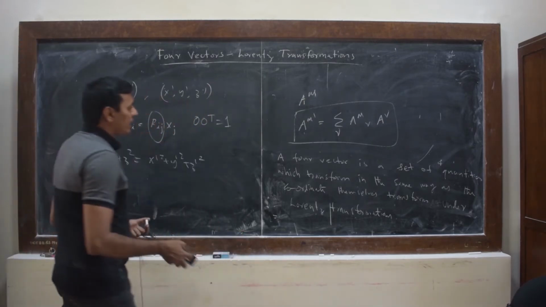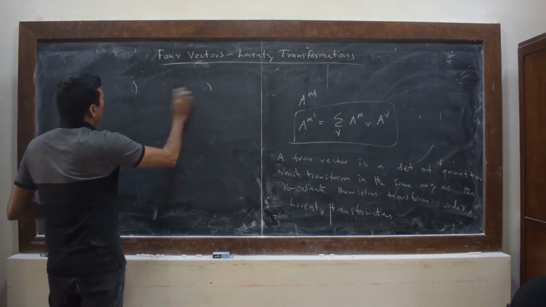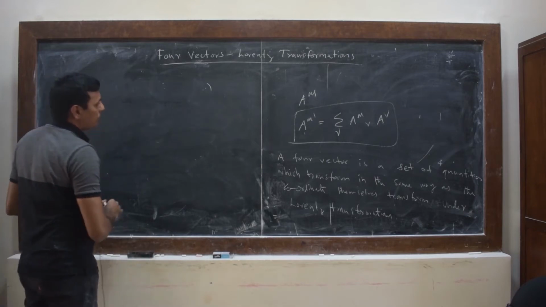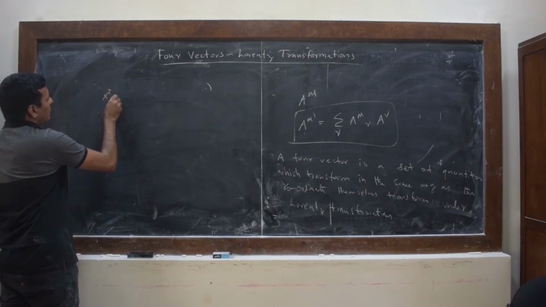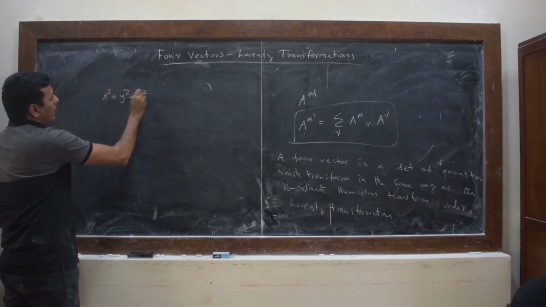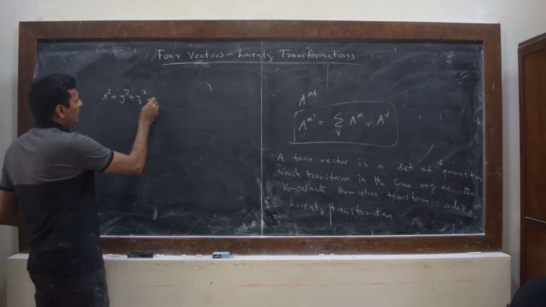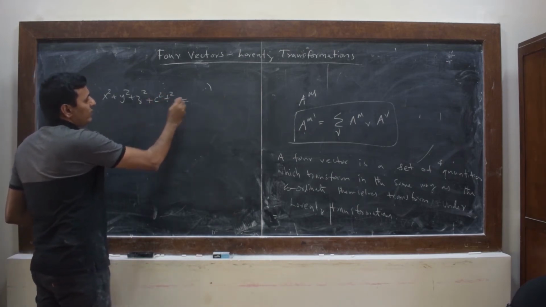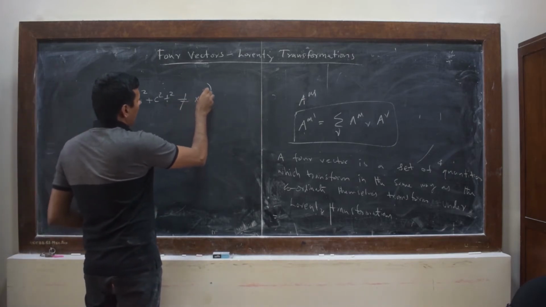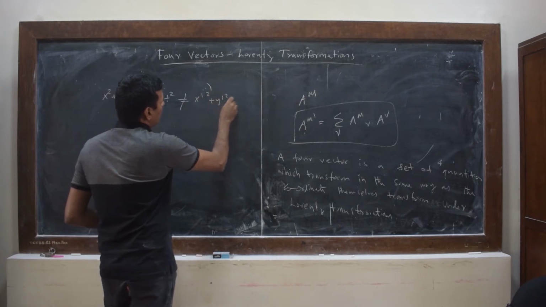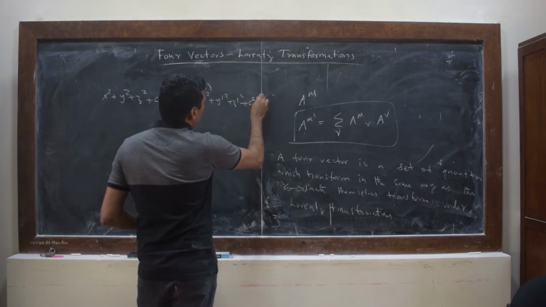Now, if you look at the Lorentz transformation, the object equivalent to length would be x square plus y square plus z square plus x0 square, where x0 is ct, so c square t square. If you evaluate this, you will get that it is not equal to x prime square plus y prime square plus z prime square plus c square t prime square.